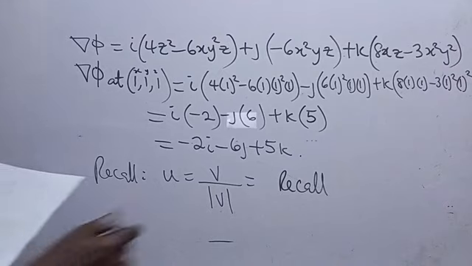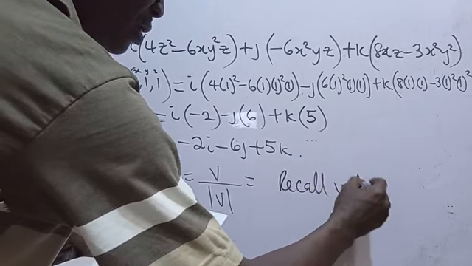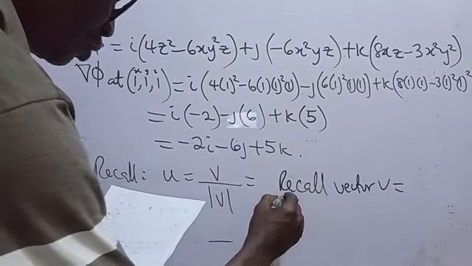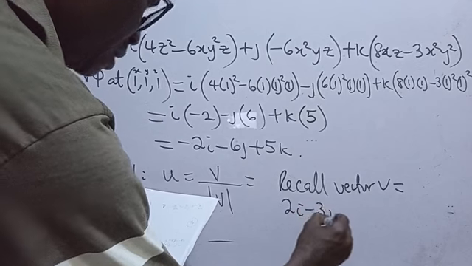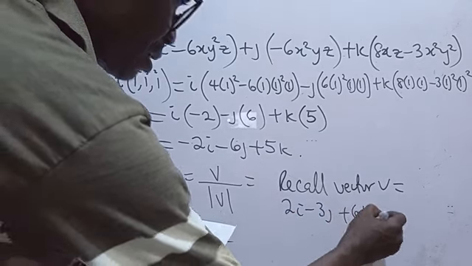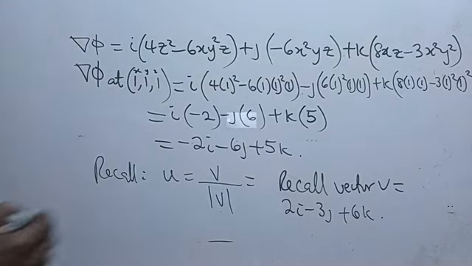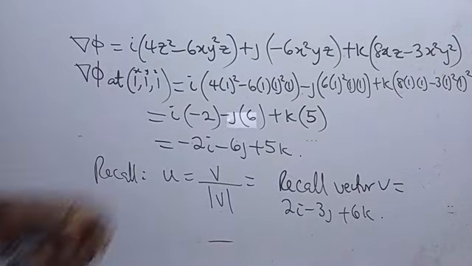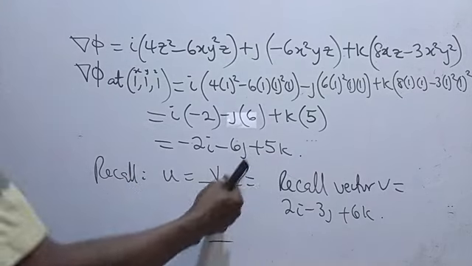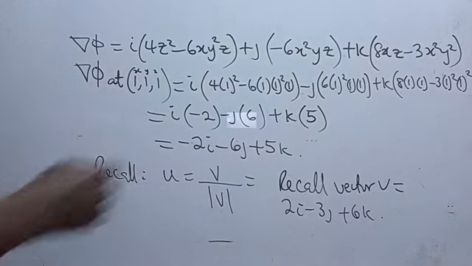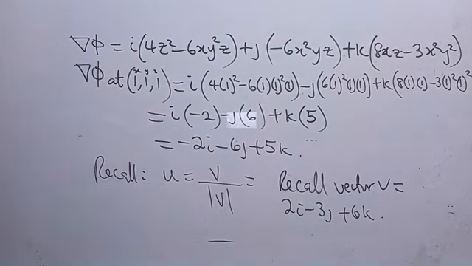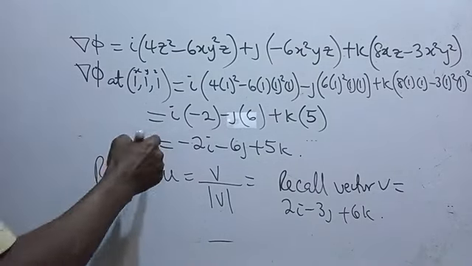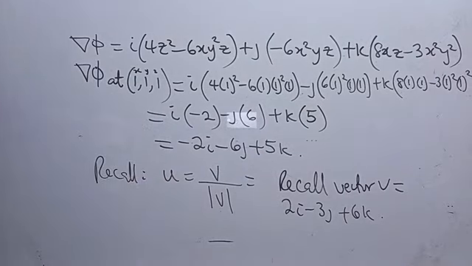Recall, vector v is given to be 2i minus 3j plus 6k. That is the vector we are going to use. This u will be the normal for that particular vector. Let's clean this. I think we better write the answer somewhere: grad phi is minus 2i minus 6j plus 5k, so that we're able to remember.